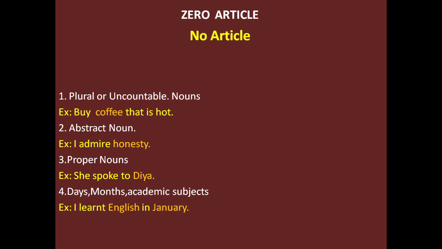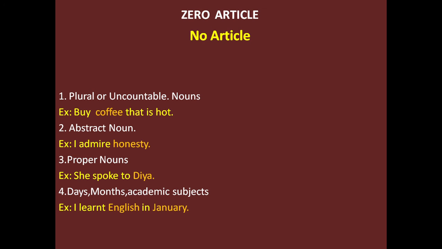For example, you can't ask somebody to say, buy a coffee for me. You can only say, buy a cup of coffee, because cup is countable, not coffee. You can't say, give me a rice. You can say, a plate of rice, a bowl of rice.